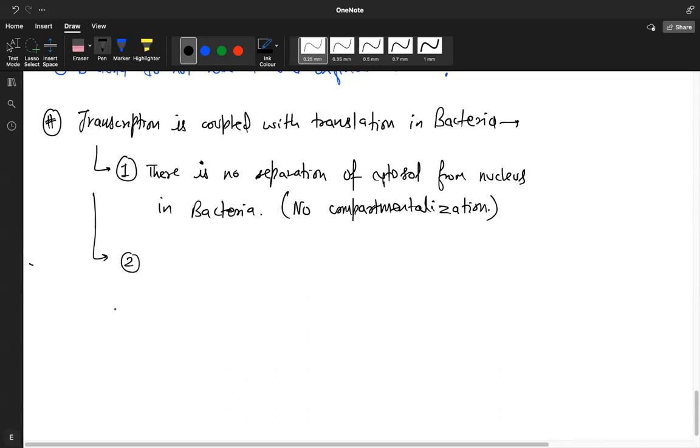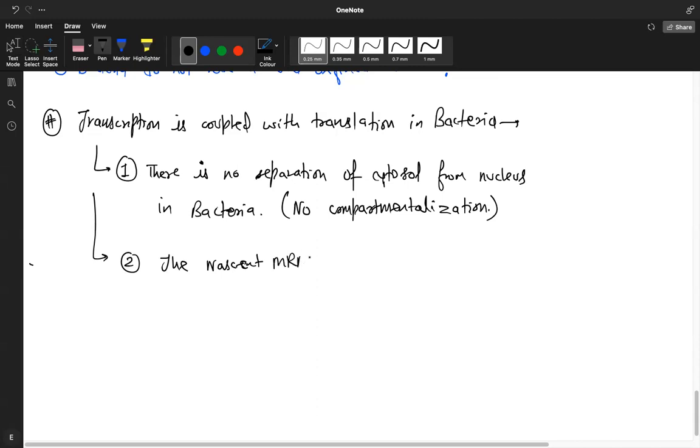And the second reason is, write down, the mRNA in a bacteria, the newly synthesized mRNA, it is also known as the nascent mRNA. You can also write this term. Nascent means new.